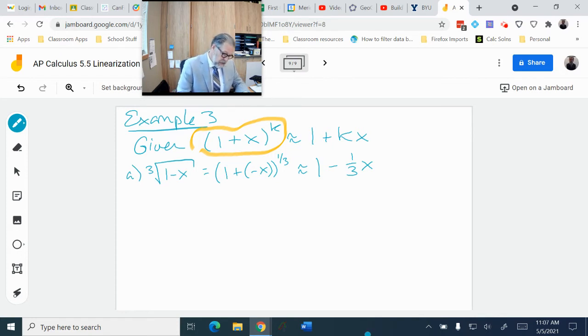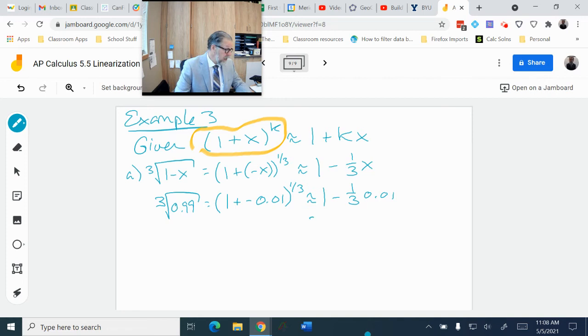Let's try it. The cube root of 0.99. This is 1 plus negative 0.01 to the 1/3, which means that this is approximately 1 minus 1/3 of 0.01.